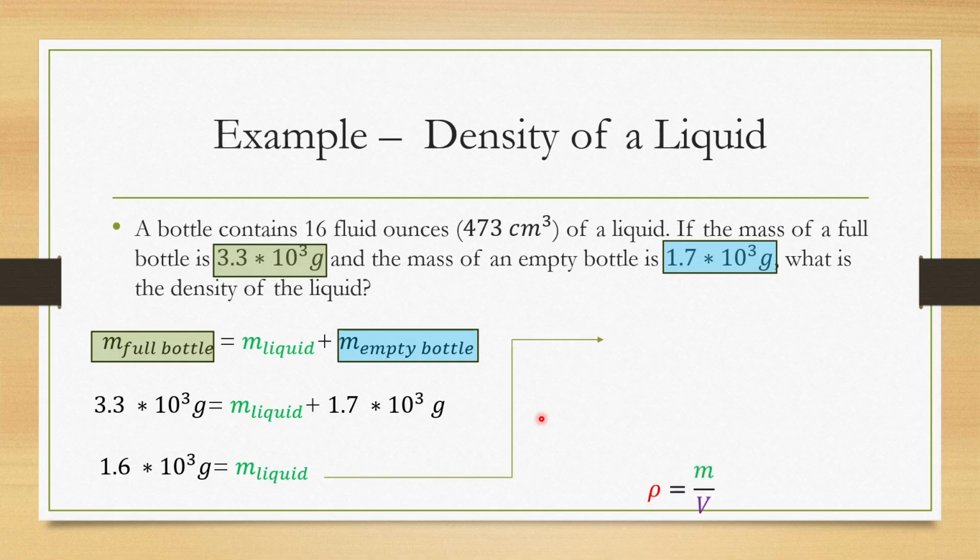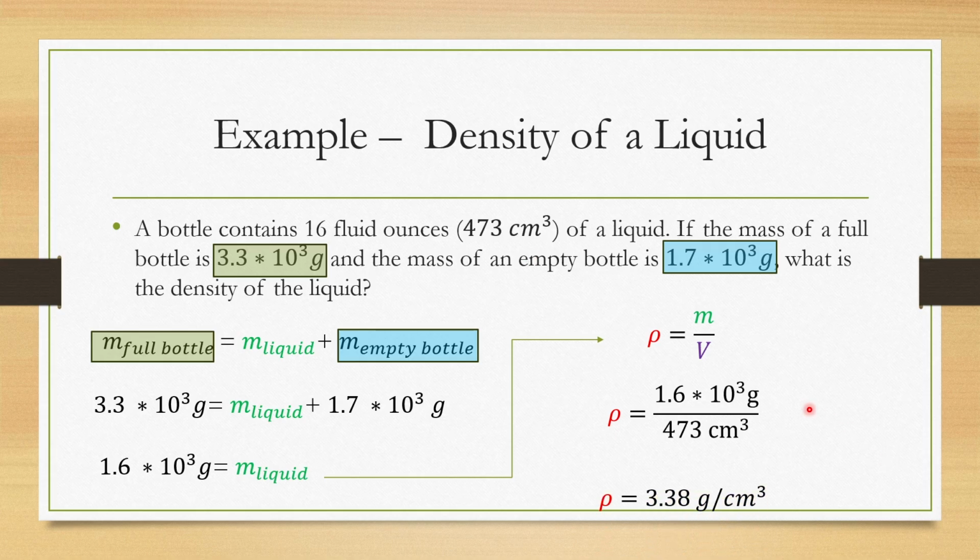We start with rho is equal to mass over volume, and the mass of the liquid we found to be 1.6 times 10 to the 3 grams, and the volume of the liquid is given as 473 centimeters cubed. This gives us a density of 3.38 grams per centimeter cubed.